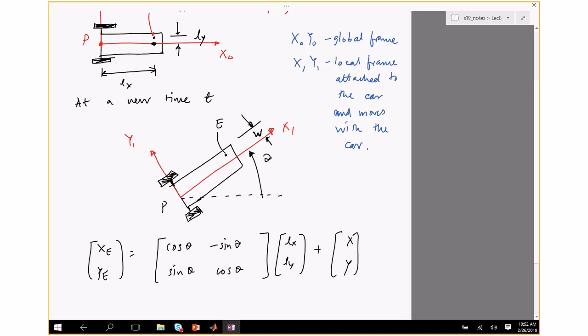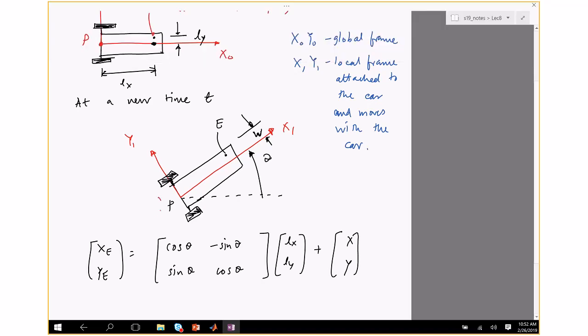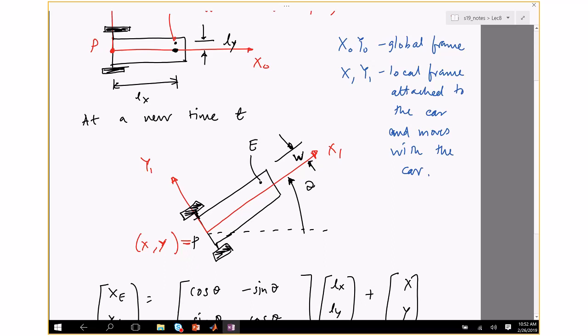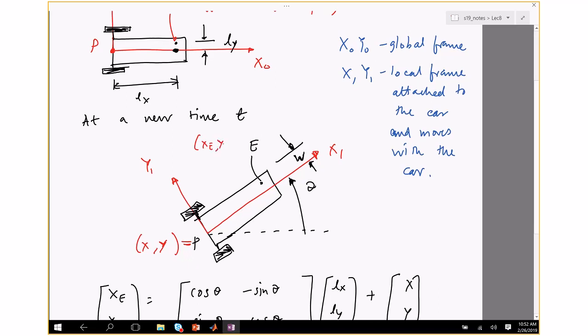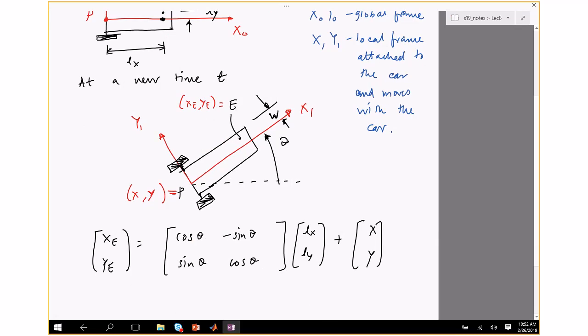So what's x and y? x and y is the coordinates of point P. So what this is saying is, if you want to find the coordinates of E, xe, ye, given the coordinates of x, y, then this rotation matrix times Lx, Ly, plus x, y will give you xe, ye.